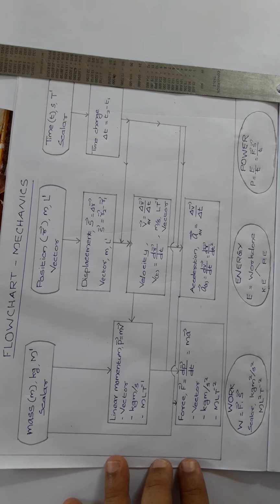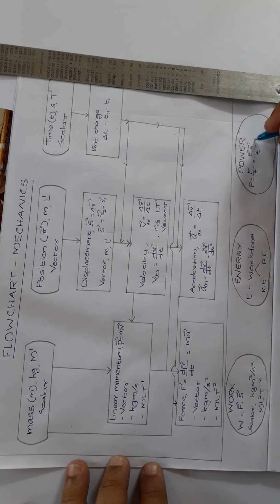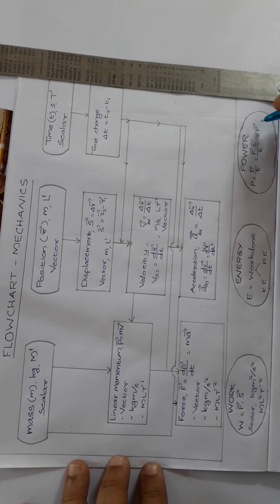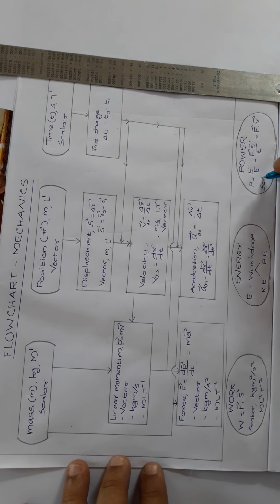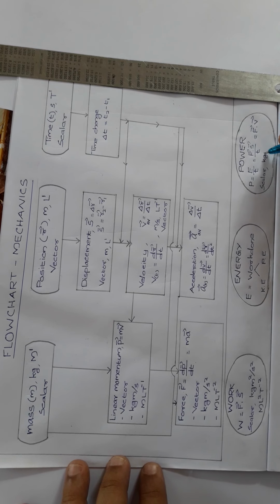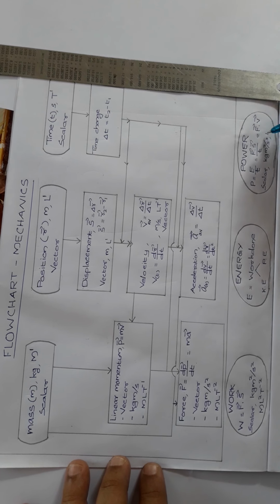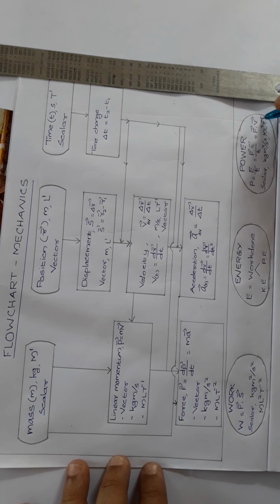And so we can also express that one in the form of force into velocity, or force dot velocity. This is also a scalar quantity, has got a unit of kilogram meter square per second cube. Hence the dimensions can be written as ML square T to the power minus 3.